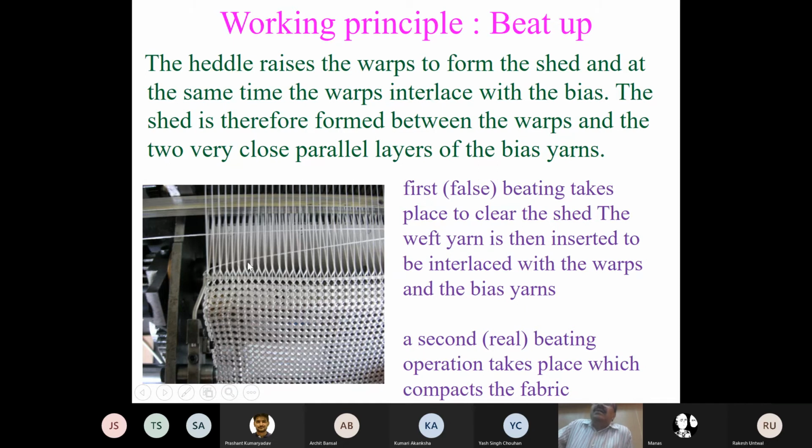And there is a shedding system given here. The heddle raises the warp to form this shed, and at the same time, the warp interlaces with the bias yarn, because interlacement takes place, making to and fro, that is clockwise, anti-clockwise yarn at the crossover points. Look, you can see here, when it goes to this side, it goes to that side.